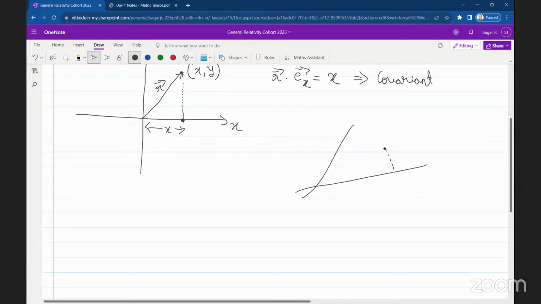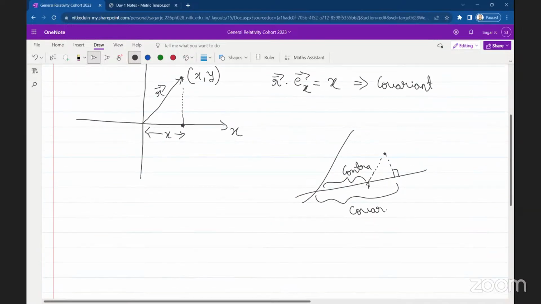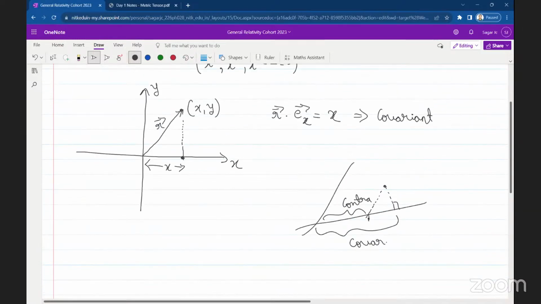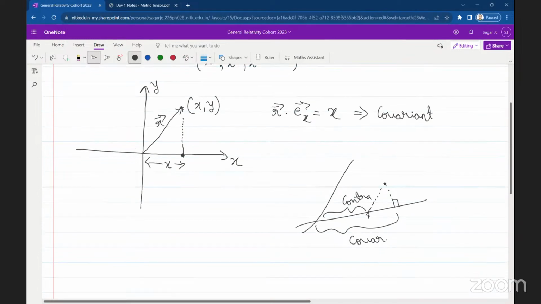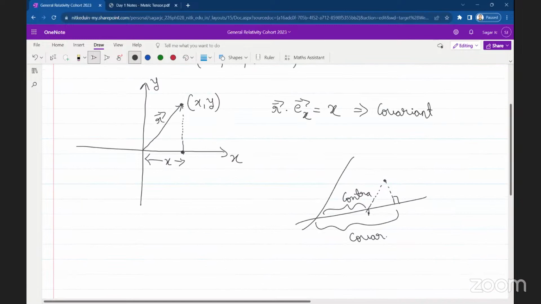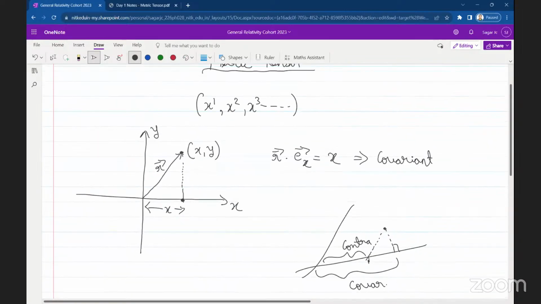Either you take a perpendicular to the axis and get the covariant component, or you take this kind of cut and this value gives you the contravariant component. I discussed this in the last class, so go through that if you have any doubts. Did you understand how you get the contravariant and covariant components? Yes.